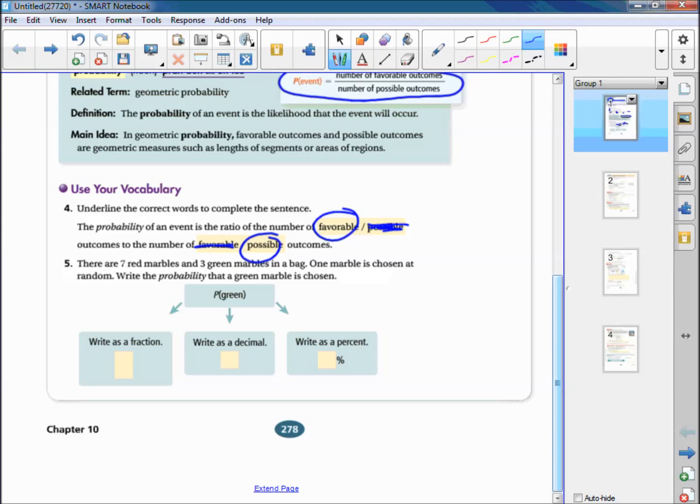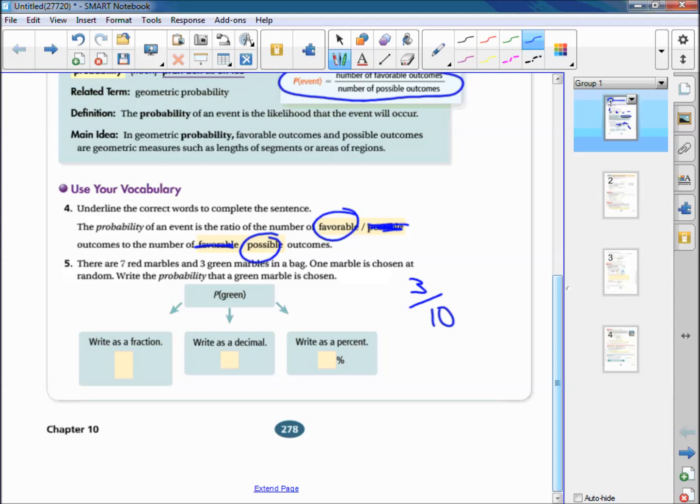So if there are 7 red marbles and 3 green marbles in a bag, and 1 marble is chosen at random, write down the theoretical probability that this marble will be green. So we're looking for the probability of a green. The chance of a green would be 3 that we want out of a total of 10. Be careful, it's not the stuff we want out of the stuff we don't want.